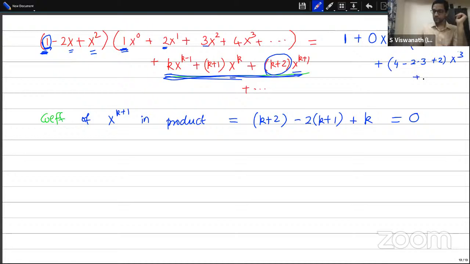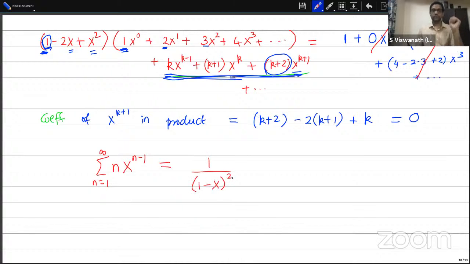If you see it term by term, just like we did in the previous computation, every other term will just vanish. You'll just get a 1. Okay, so what does this mean? It just says that the summation n x to the n minus 1 inside this formal power series ring is nothing but the multiplicative inverse of 1 minus x the whole square.